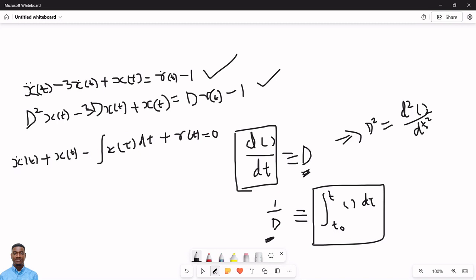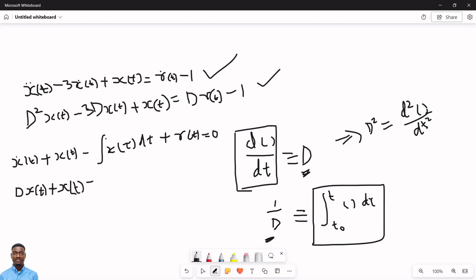We know that my first differential is my d. So that will be dx of t plus x of t, because x of t here was not differentiated at all, so we can't replace it with the operator notation.